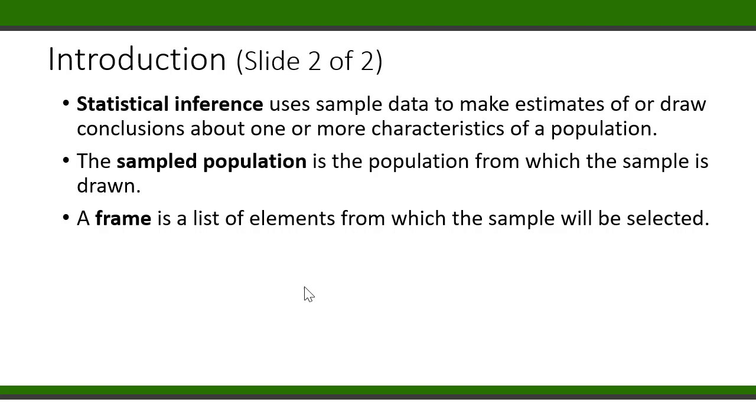So some terminology. The sample population is a population from which the sample is drawn. A frame is a list of elements from which the sample will be selected. Your book looks at maybe a sample population being all the registered voters in Texas, and then the frame is a list of all the registered voters.